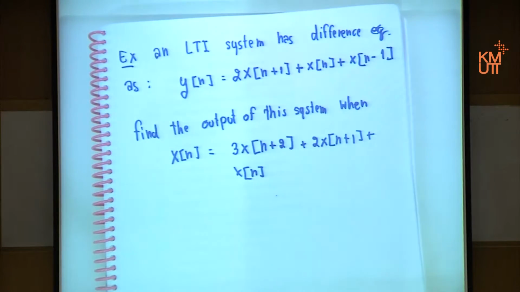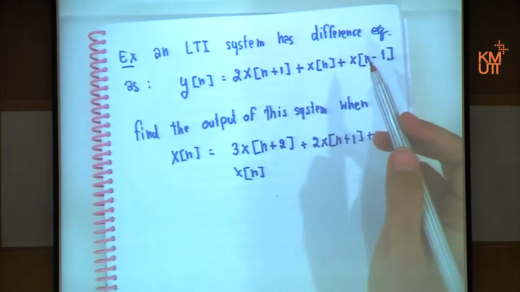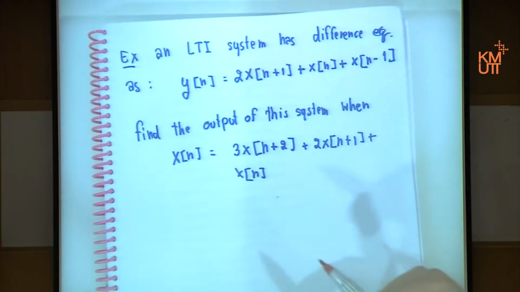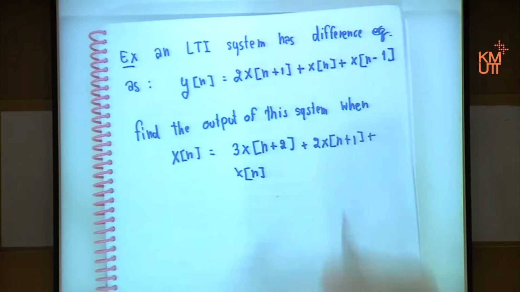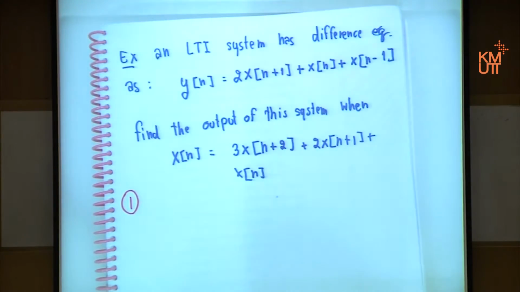You can solve this problem by two methods. The first method is just to apply this input to the difference equation directly, and the second method is to use the convolution method. So let's do the first one.